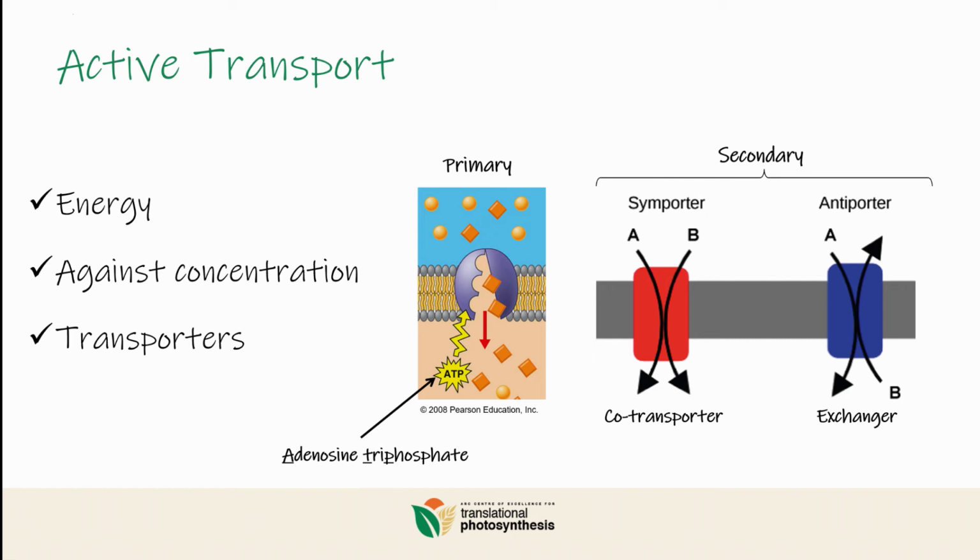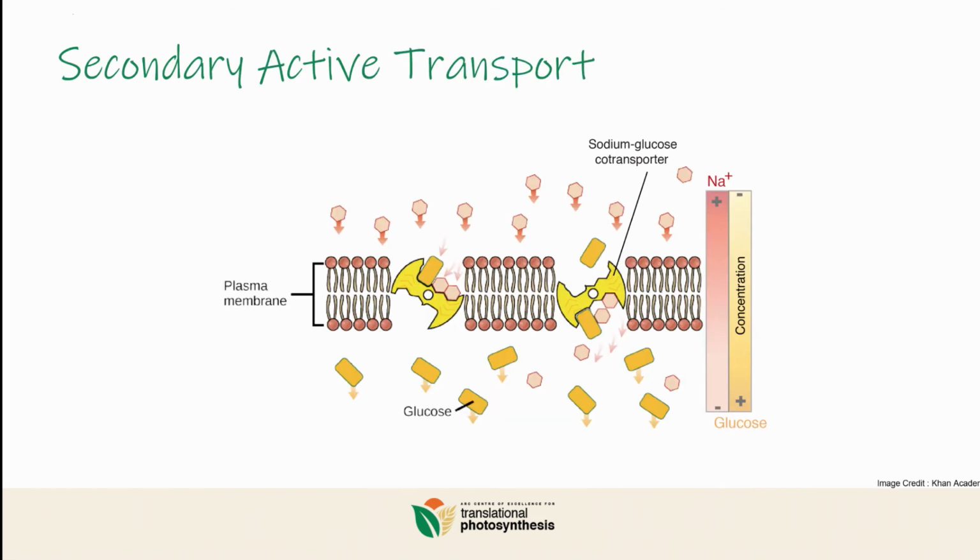But let me explain with an example. If you take the sodium-glucose co-transporter, which moves glucose and sodium inside the cell, as you can see, sodium is more concentrated on the outside of the cell, while glucose is more concentrated on the inside.